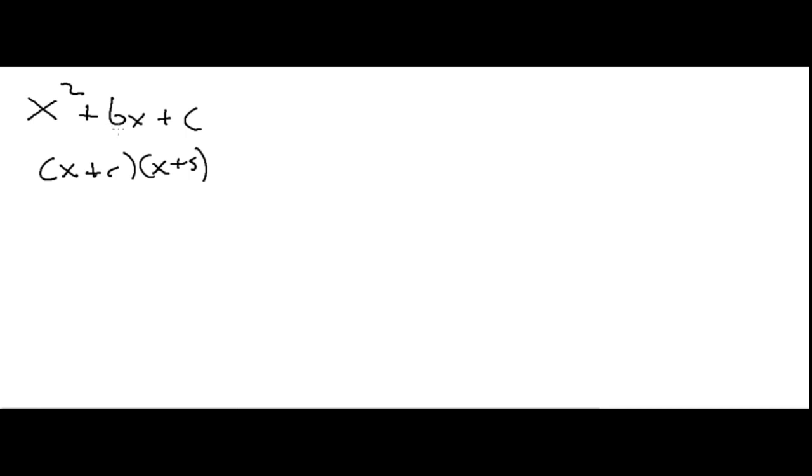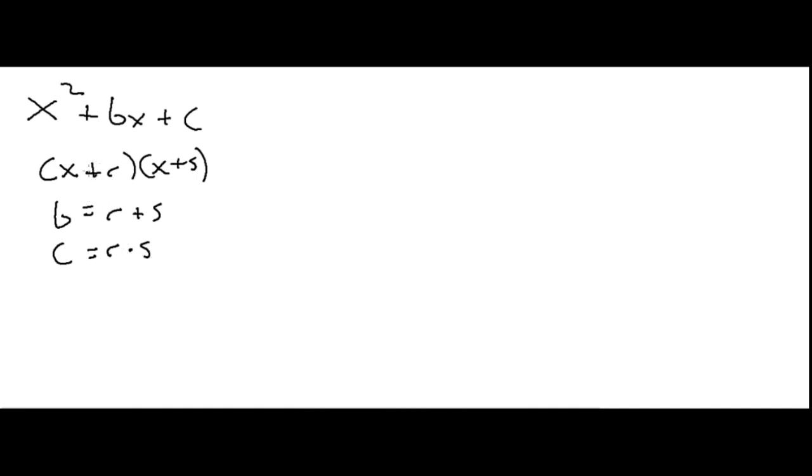In this case, b from the top is going to be the sum of r and s, while c will be the product of r and s.